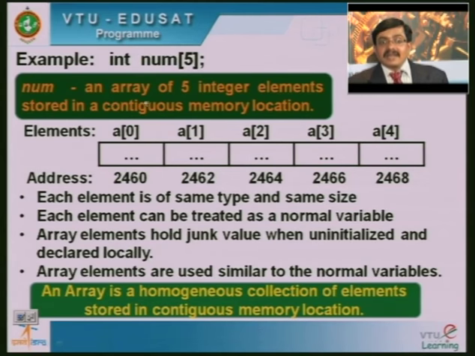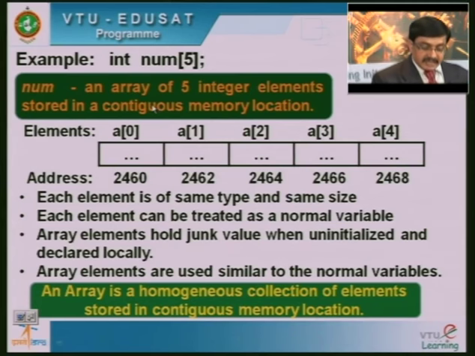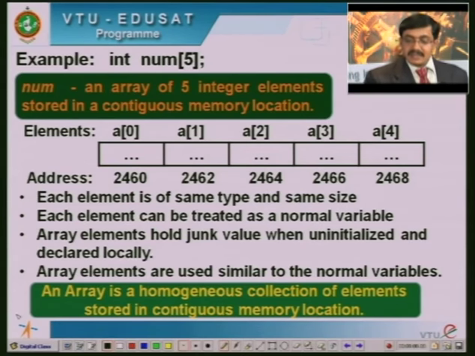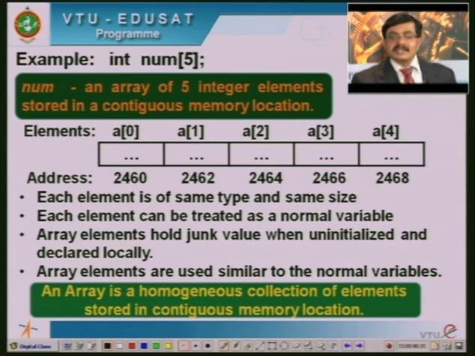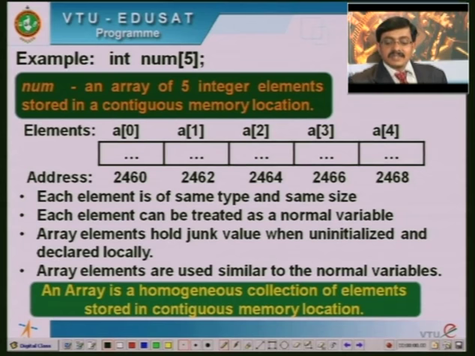num is an array of 5 integer elements stored in contiguous memory locations. What exactly is the meaning of contiguous memory location? They are stored in continuous memory locations. It is not like a normal variable declaration. If I declare int x, y and z, x can be stored anywhere, y can be stored somewhere else, and z somewhere else.